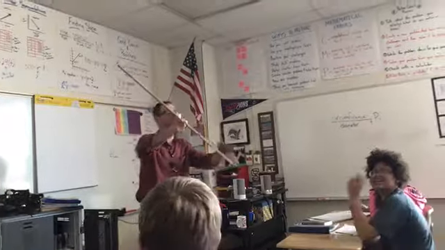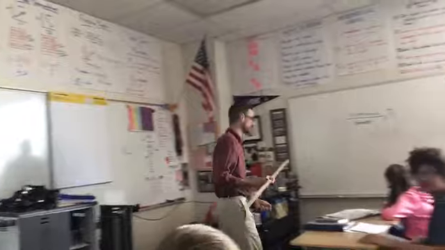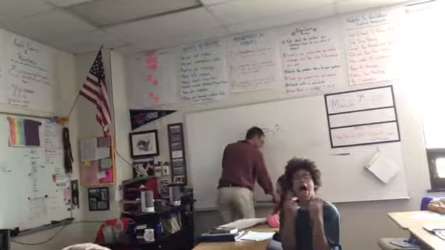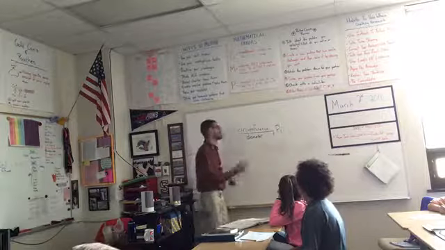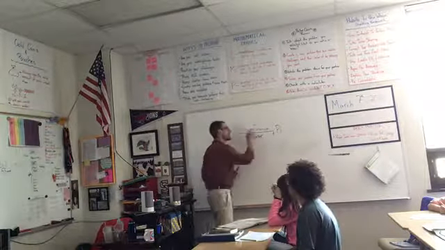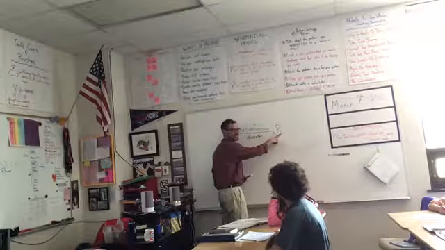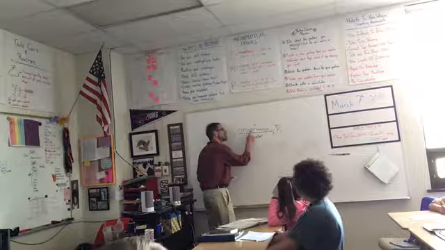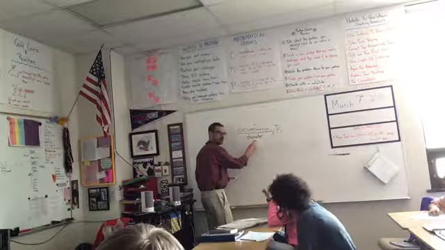So whatever I do over here, I can do over there, and it makes it still balanced. So, let's say I wanted to isolate circumference. I wanted to know just the circumference. Well, in this equation, I'm finding pi.